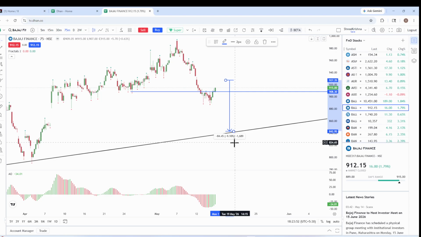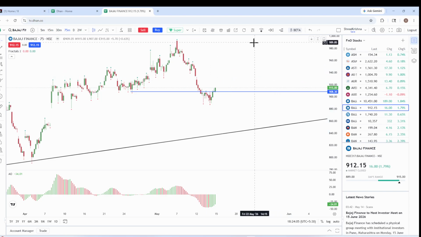And this will keep giving us the money. Only thing you need is how to take the entries. If you can master it, you can make thousands of rupees weekly.